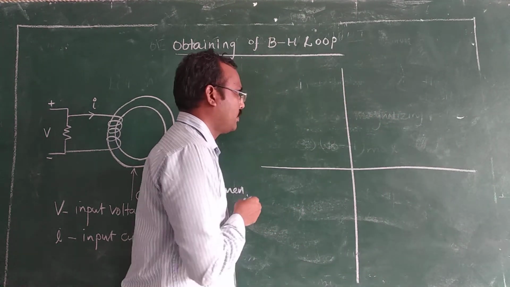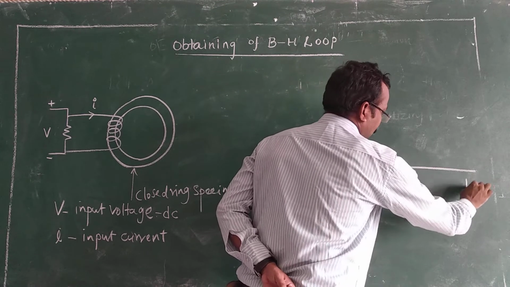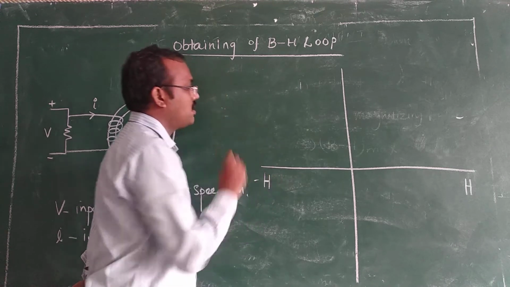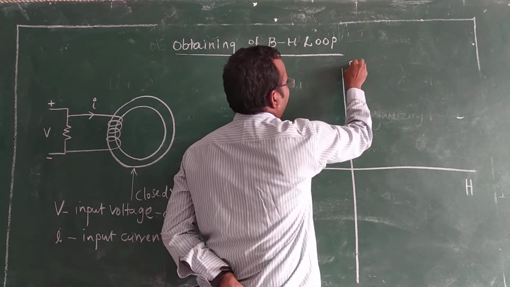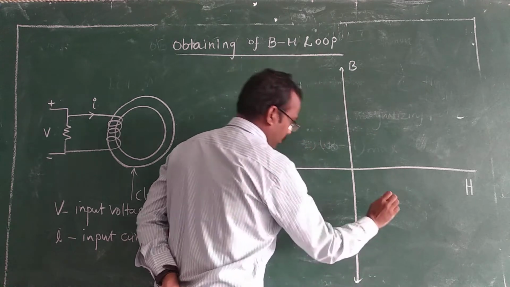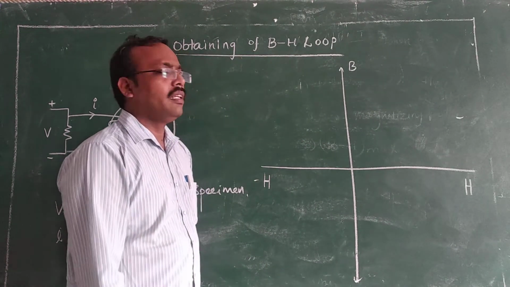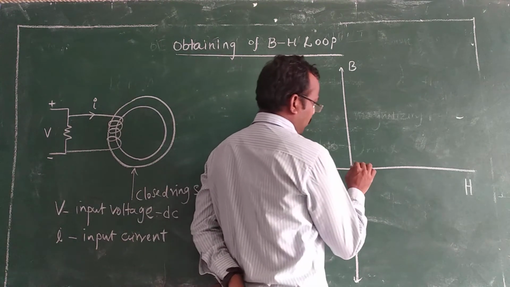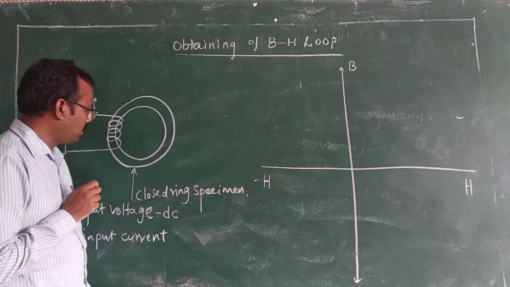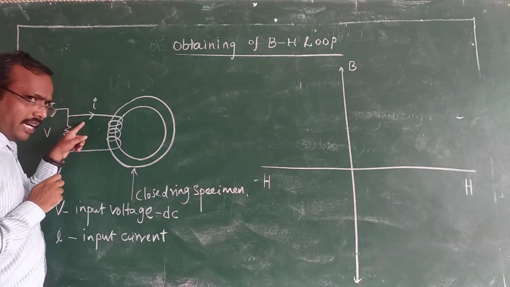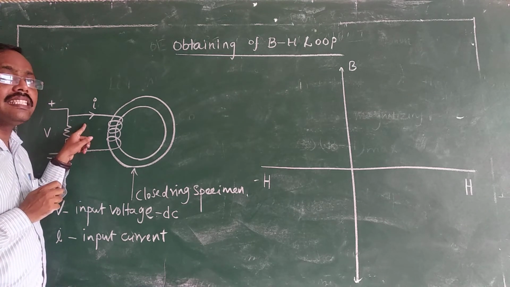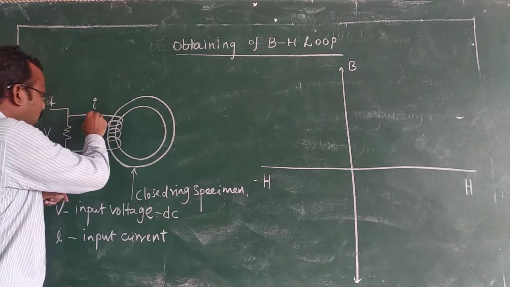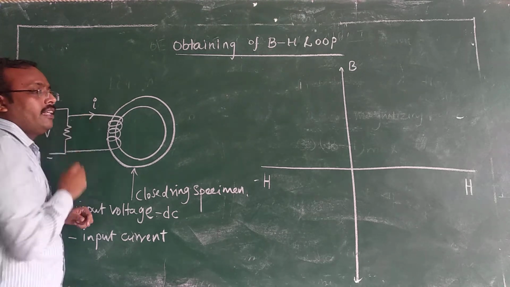The x-axis is H, the magnetizing force, and the y-axis is flux density B. First, we increase the input supply current gradually.